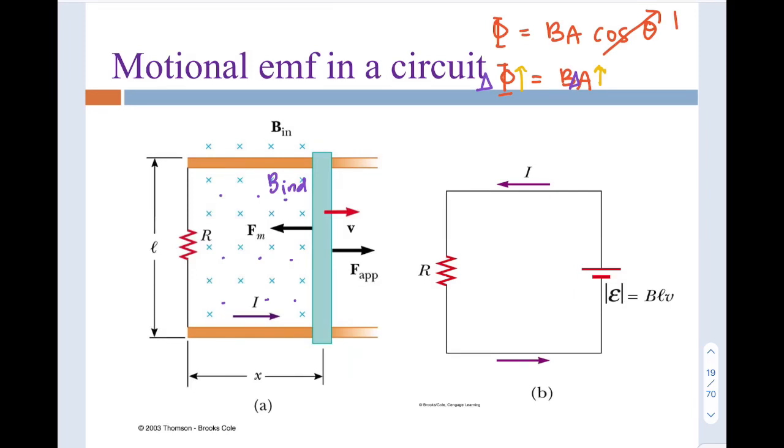Our focus is at the center here. The B at the center of the loop is out of the page. Grab your conducting bar here, your thumb is pointing upward like this. This is your I induced, which is going to be established within this closed circuit.